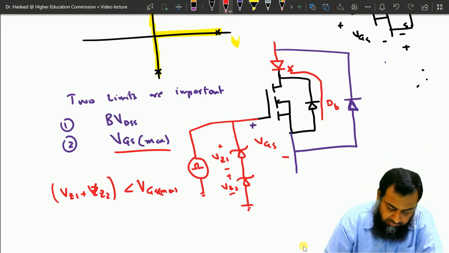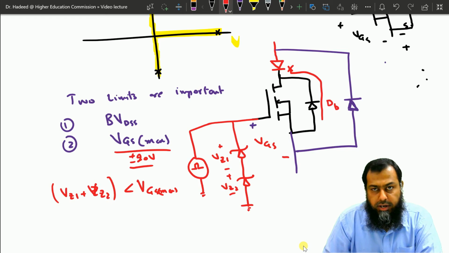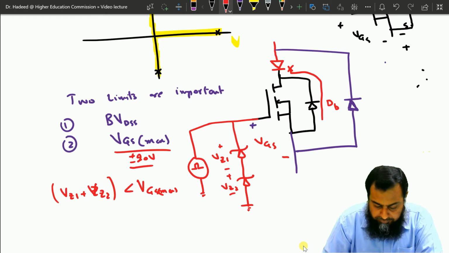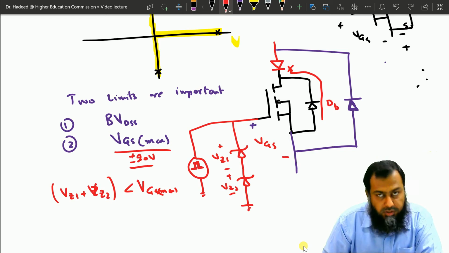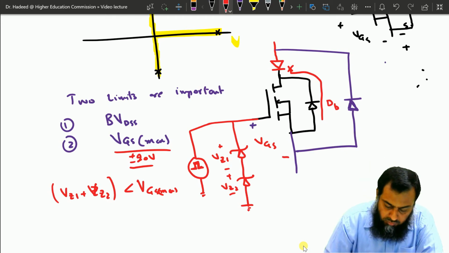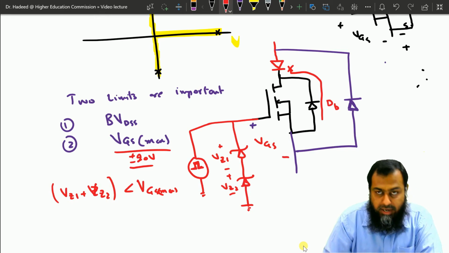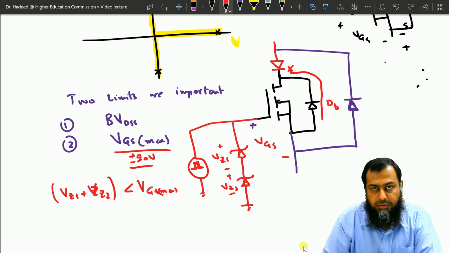For instance, if the gate to source voltage limit is plus minus 20 volts, then you can use a Zener diode rated around 15 to 18 volts, so that whenever there is a spike due to any malfunction or any circuit behavior, these two become short circuit and thus safeguard the gate terminal of the MOSFET.